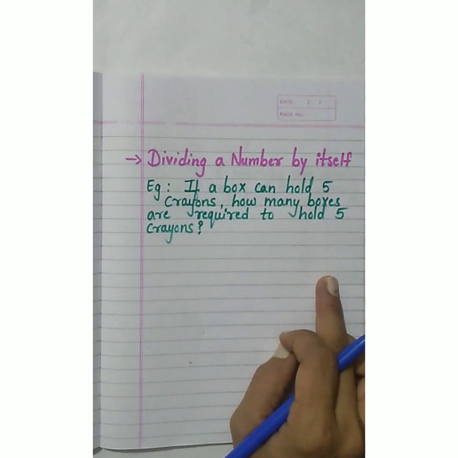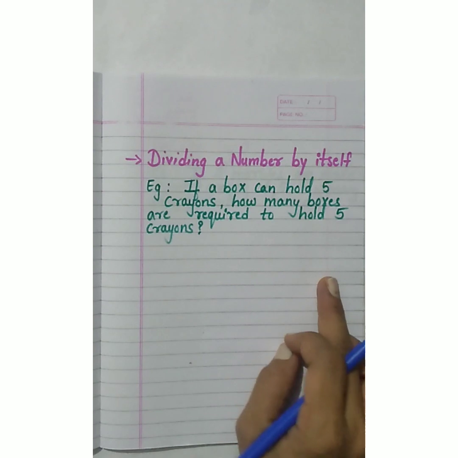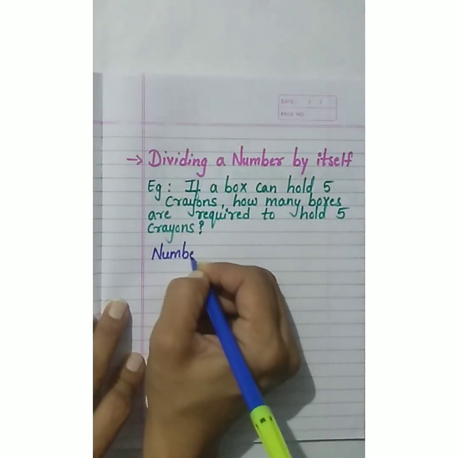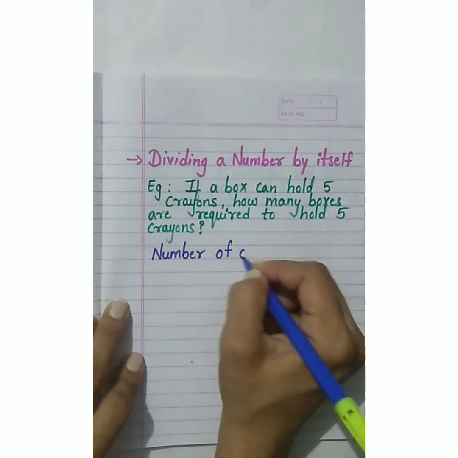It means there are 5 crayons and we have to put those crayons in a box. In a box we can put only 5 crayons. So if one box can hold 5 crayons, how many boxes are required to hold 5 crayons? So our first statement will be number of crayons.